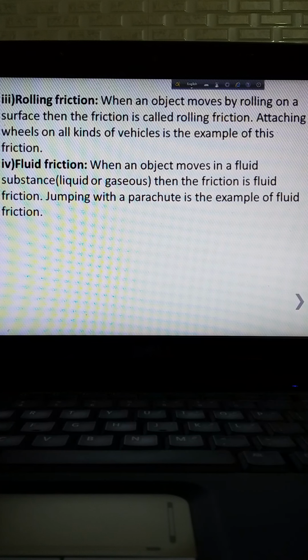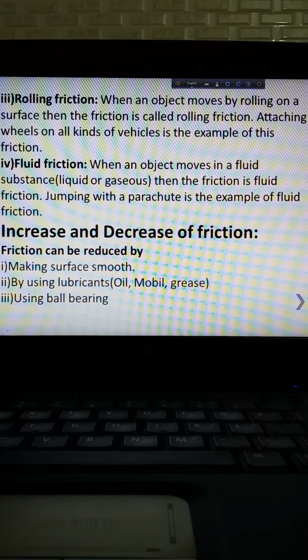Jumping with a parachute is an example of fluid friction. Whenever anyone uses a parachute, that means he jumps in air, so a frictional force occurs there, and this friction is fluid friction. So we have learned about different types of friction here.